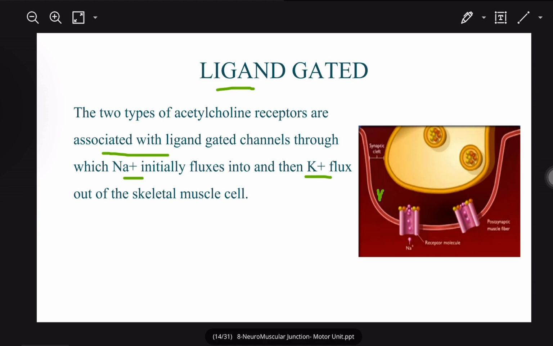Here we have a lot of K, and here we have sodium. Remember the reason: sodium will flow inside while potassium will go outside, because it's a ligand-gated channel. It opens, and it works between the ions, sodium and potassium.